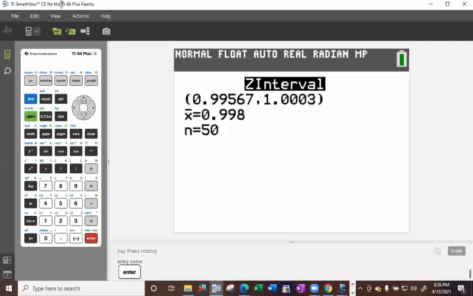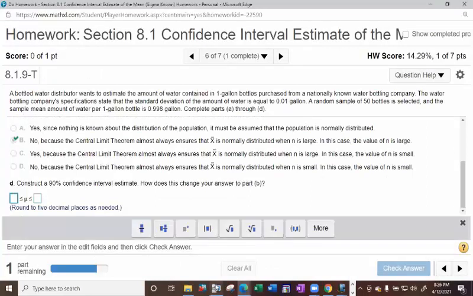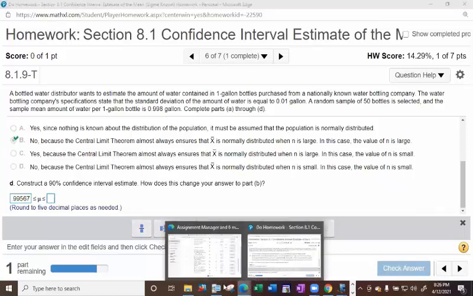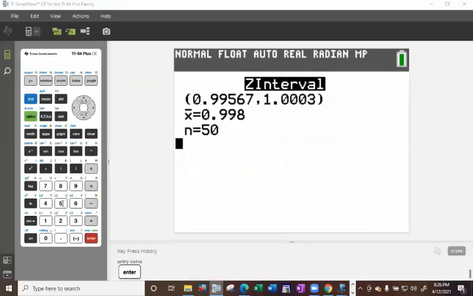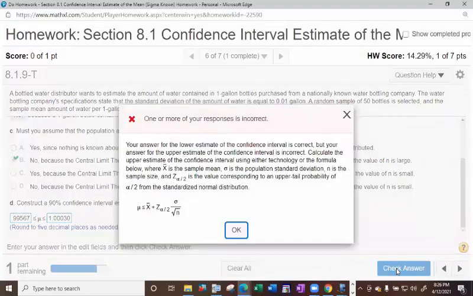Oh, this is probably not going to work. That number on the right is probably going to be 99567. And 1.000. I'll add a 0 after it. None of that's going to matter, but of course not.